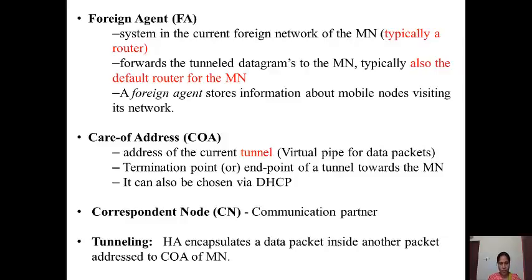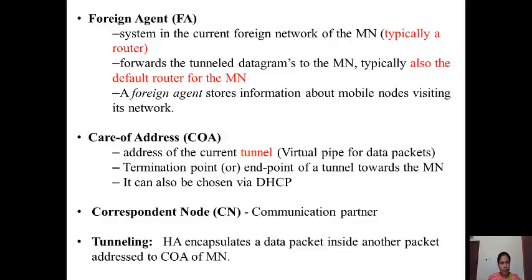Right. And I already told you what a care-of address is. It is just the address of the current tunnel, that is a virtual pipe created for forwarding the data packets. Or it can also be called the termination point or end point of a tunnel towards the mobile node. And this care-of address at times can also be chosen via the dynamic host configuration protocol.